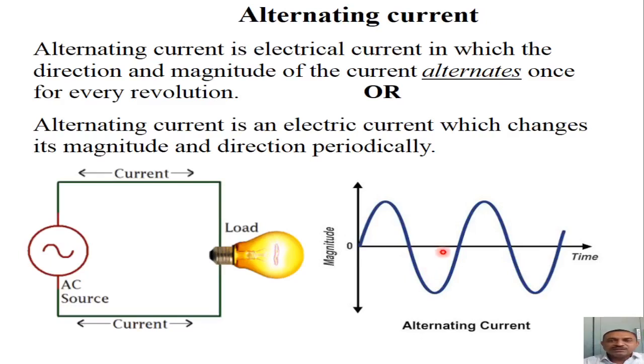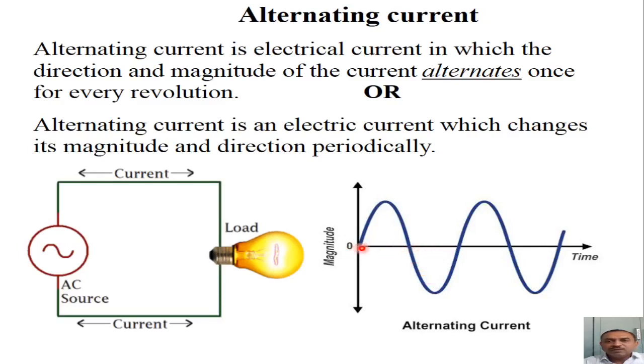It means that the positive and negative half cycles combined together form a complete cycle of alternating current, and the same is repeated further as time progresses. That means the alternating current changes its magnitude and direction periodically. So this point is important.